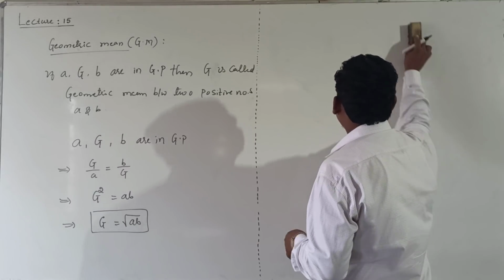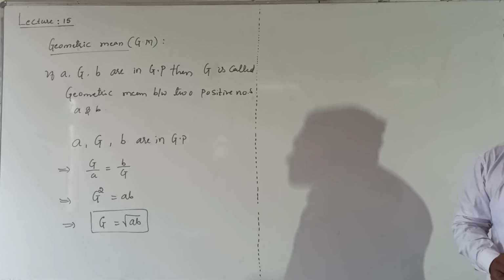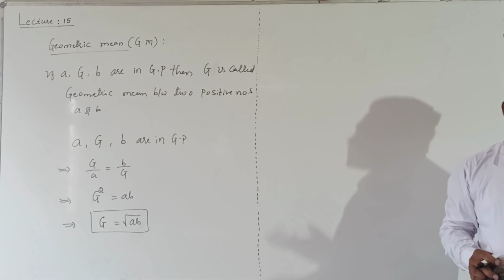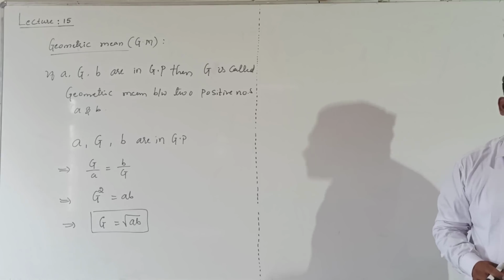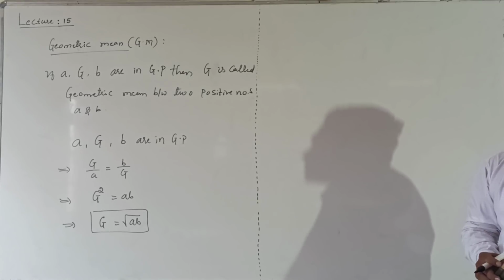Next, insert n geometric means between two positive numbers. N geometric means between two numbers are n numbers between two numbers.